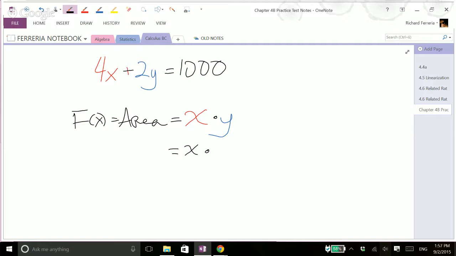Any idea how I would solve for y? Good. Divide everything by 2, subtract 2x. So it's 500 minus 2x. That's my equation for y. That's what we're going to put here.